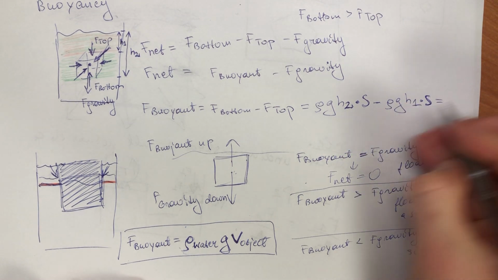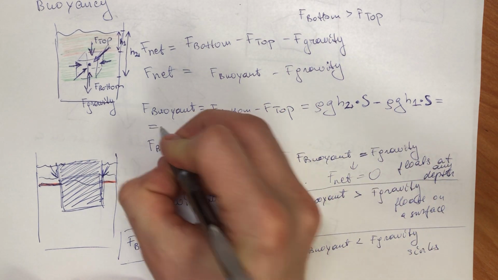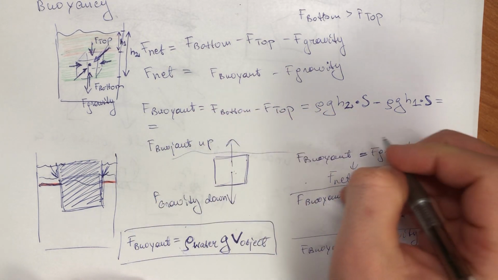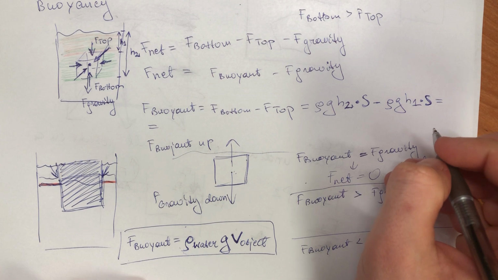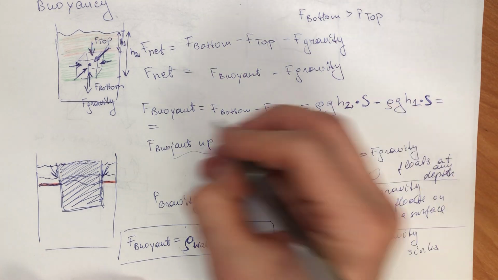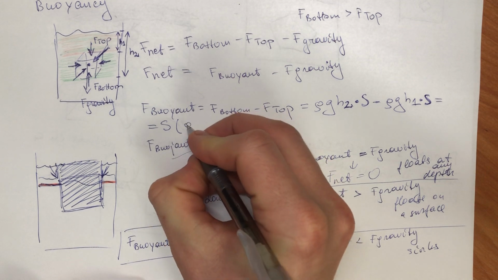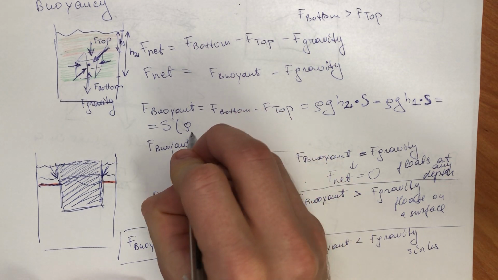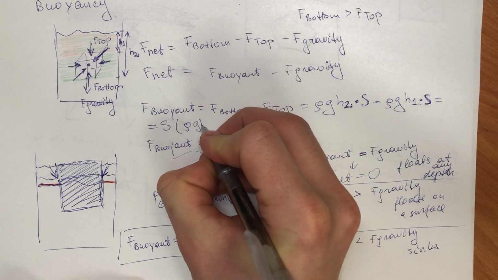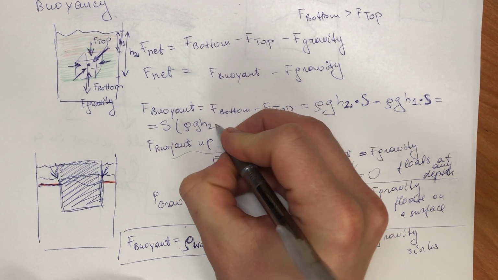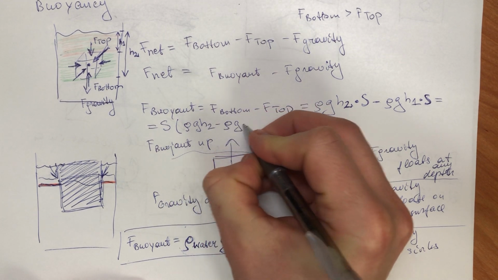And now we see that these two surface areas we can simplify in this calculation. So we write surface area, then rho g H2 minus rho g H1.